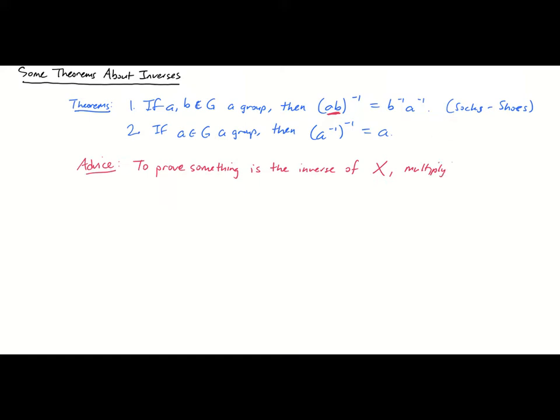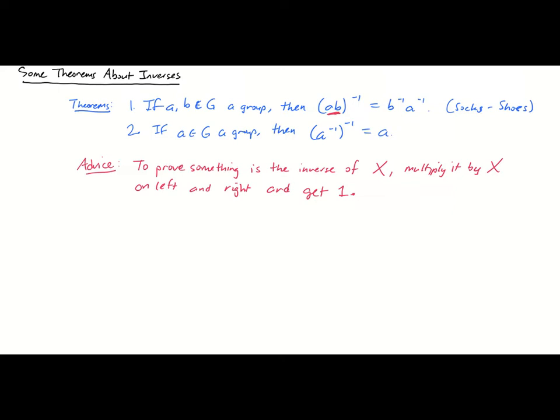Multiply it by X on the left and the right, and get the identity. Because we know that inverses of group elements are unique, I think we proved that in the previous video, if I can multiply something by X on the left and the right and get 1, that makes it not just an inverse element of X, that makes it the inverse of X.